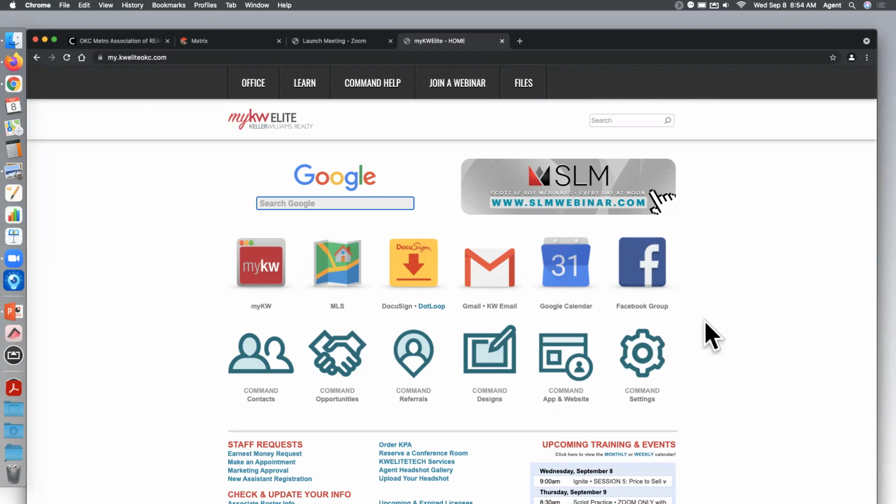Now, caveat to this, this is the entire MLS, okay? I want you guys to understand that. We're looking at what's happening, and this hits everything from Blanchard, Newcastle, up to Edmond, some Guthrie, Tuttle, Tinker. This is everything, okay? So obviously we need to hone in on your specific area where your buyer is buying and where your seller is selling. But this just gives you an idea of what's happening in our Oklahoma market, okay?